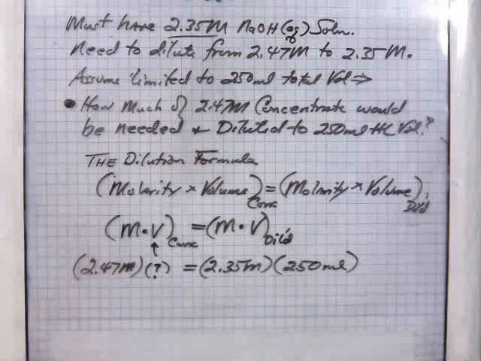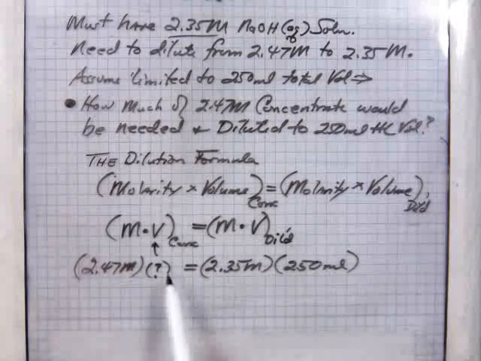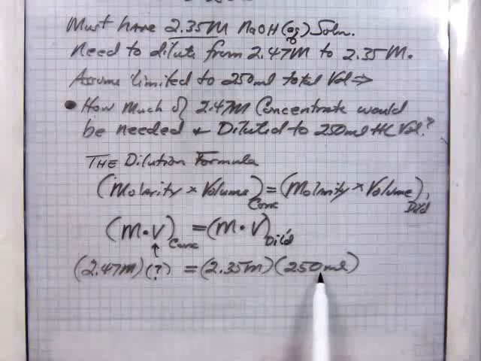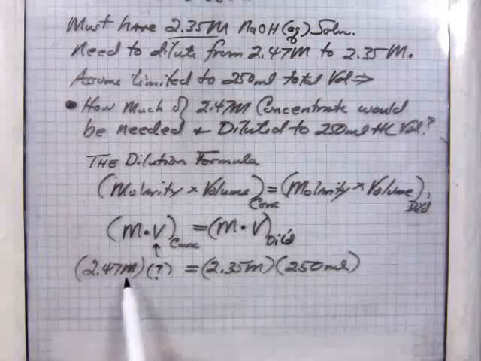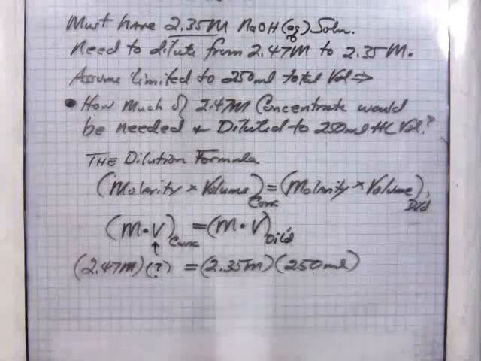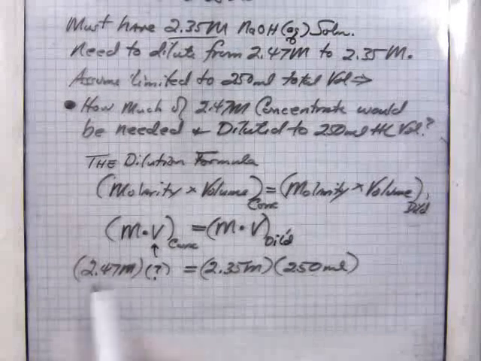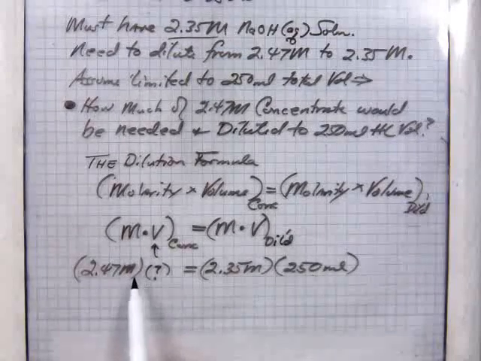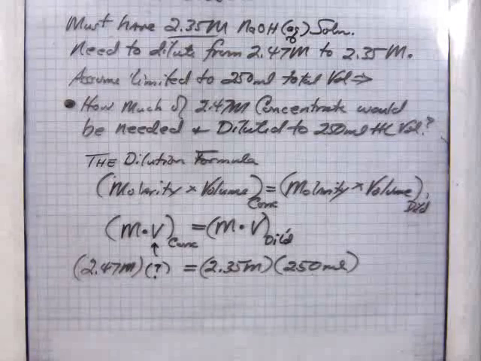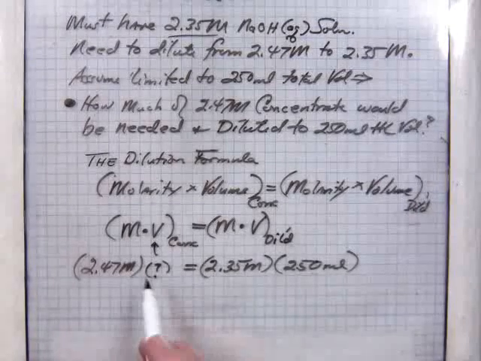Now, one rule, and this only applies in this case: if both sides are the same units, then you do not have to convert the volume term to liters. If one side's moles and the other side's in molarity times volume terms, you'll have to convert that volume to liters to work that type of problem. We'll see some coming up as we move forward. So this is your unknown.